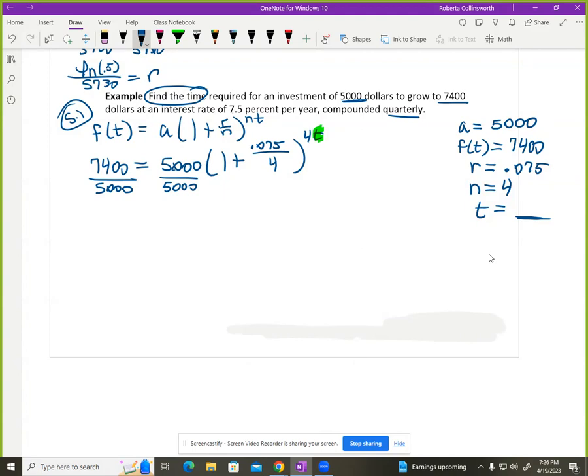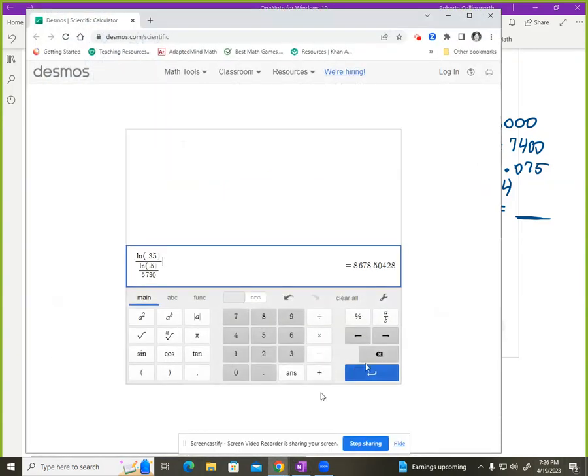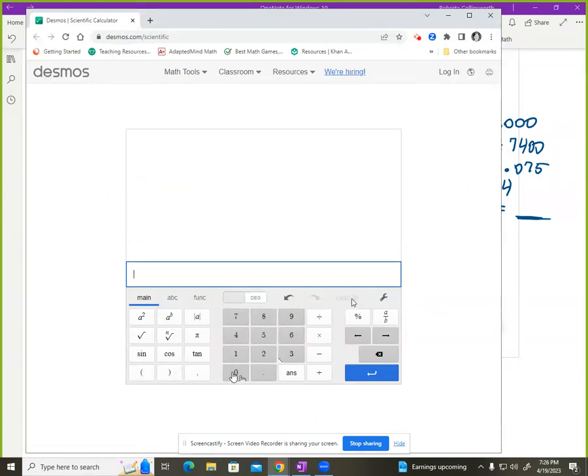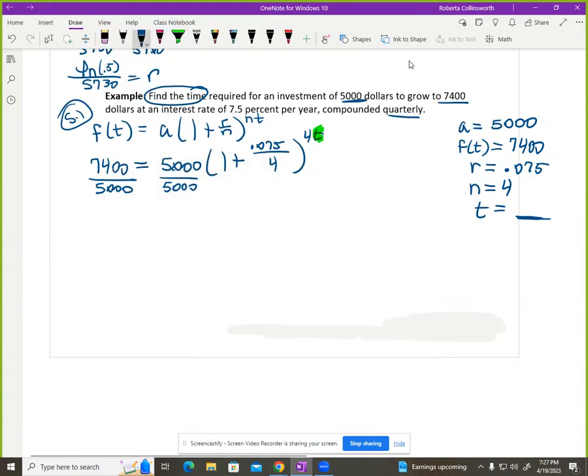You can leave it like that, but I think it's a pretty nice number in the calculator. It's not a horrible number. Let's do 7,400 divided by 5,000. And I get 1.48. So that's not a horrible number. So I can change this to 1.48. That cancels.